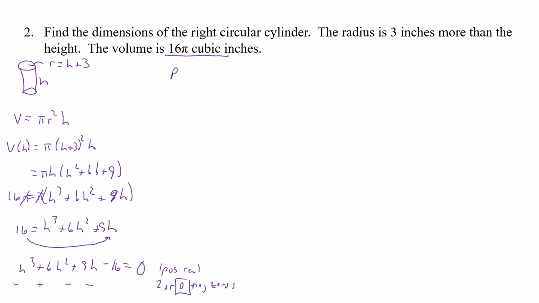All right, so now we need to do our P over Q. Now, since this time I know it's only going to be positive because we have to have a positive value, I'm only going to look at positives. I'm not going to look at the negatives. So we have a 16 for A0. So that's going to be 2 and 8. That's 2 and 4. That's 2 and 2.